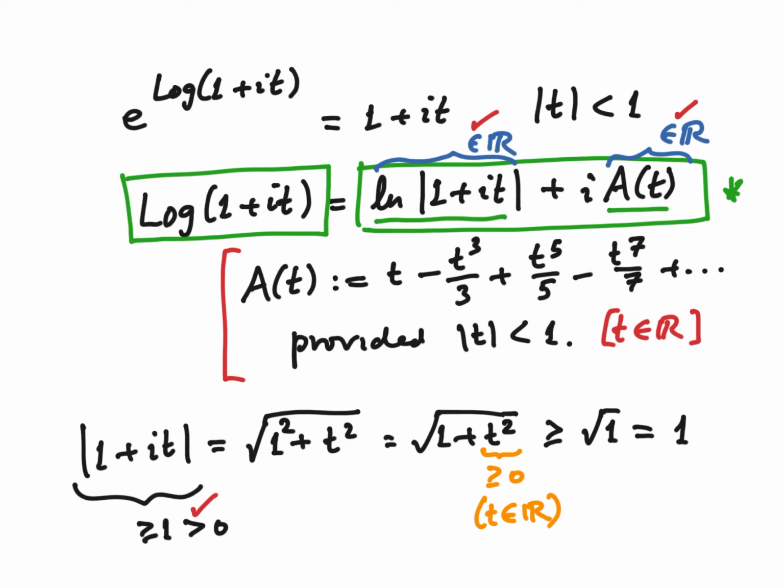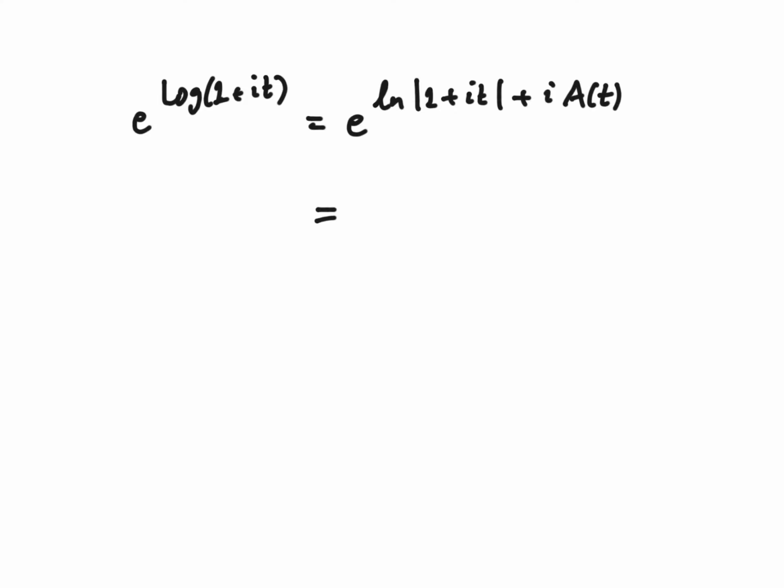Then I can just take this breakdown into real and imaginary parts and substitute that into this exponent. So instead of writing that exponent in this form, I'm going to write it in the form ln of the modulus plus i times A of t. And then notice that that's just of the form e to a real plus pure imaginary.